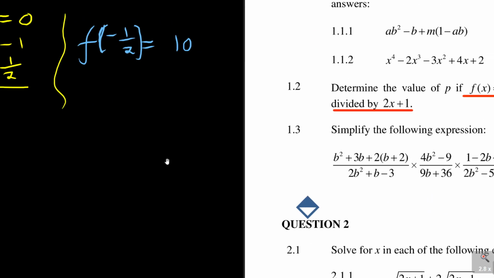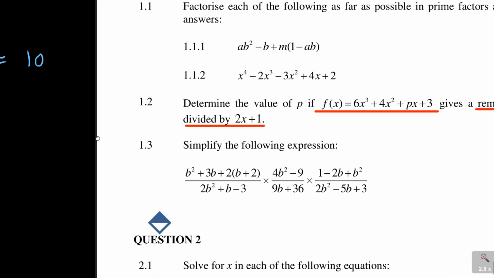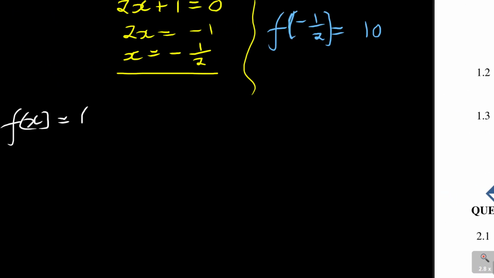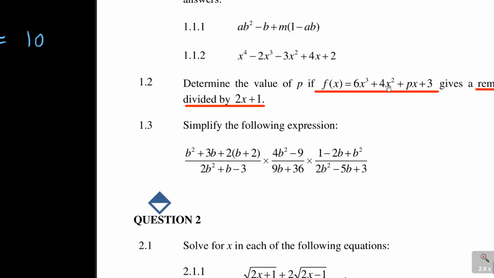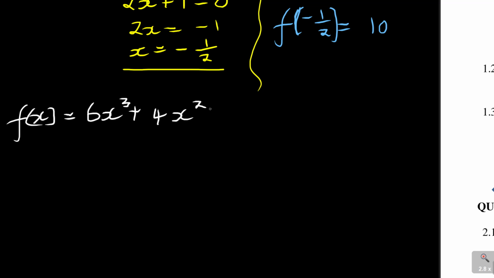So now when we write this equation, f of x is equal to, and then what is it? It says 6x cubed plus 4x squared, and then what's the next one? Plus px plus 3. Okay.